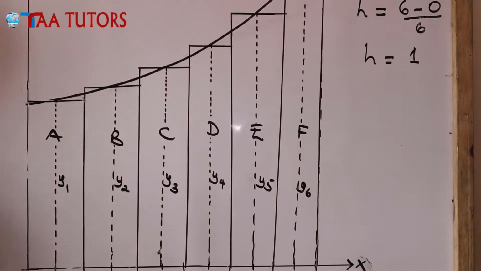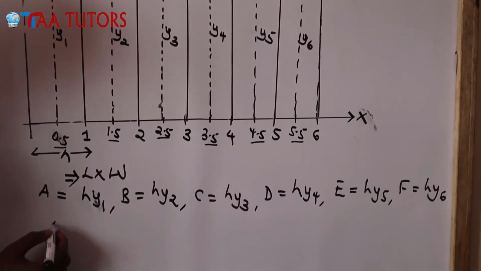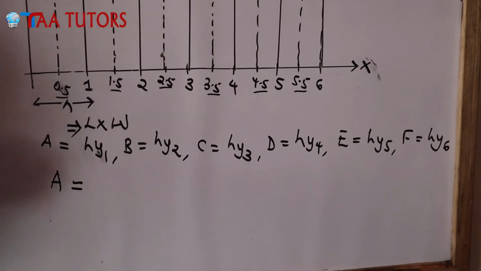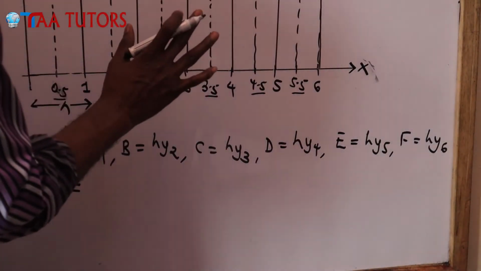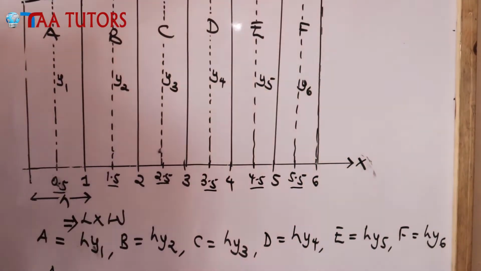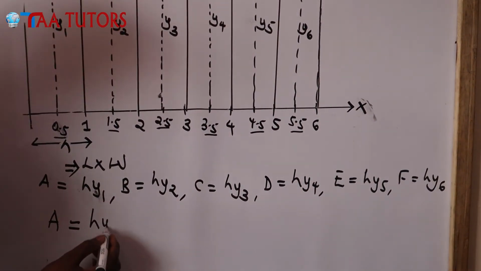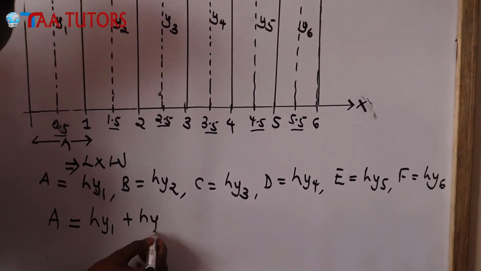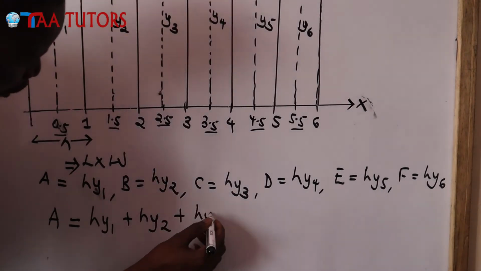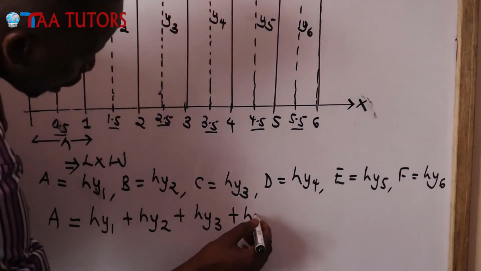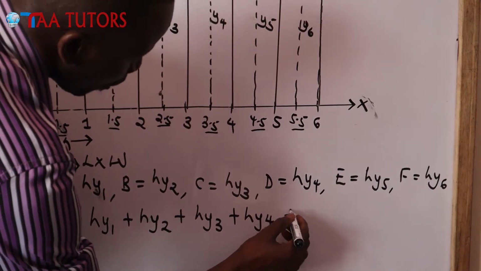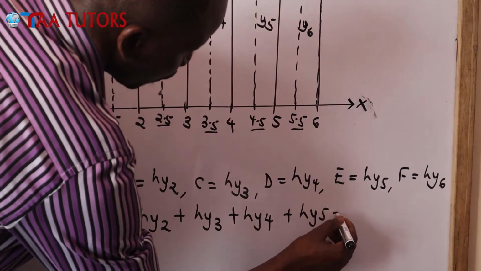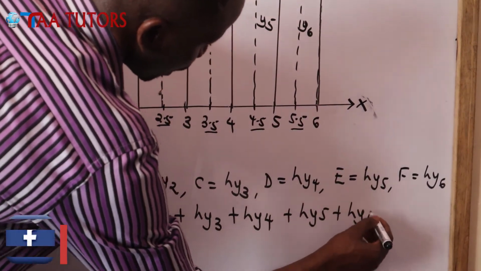So when you are going to look for the total area for this region, the estimated area should be the sum of all these rectangles, which is going to be h y1 plus h y2 plus h y3 plus h y4 plus h y5 plus h y6.